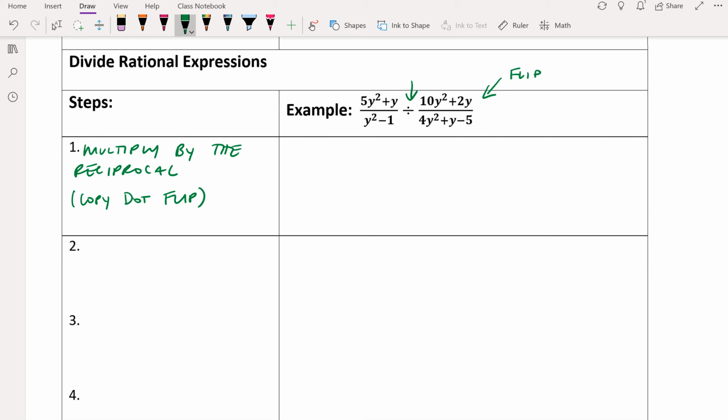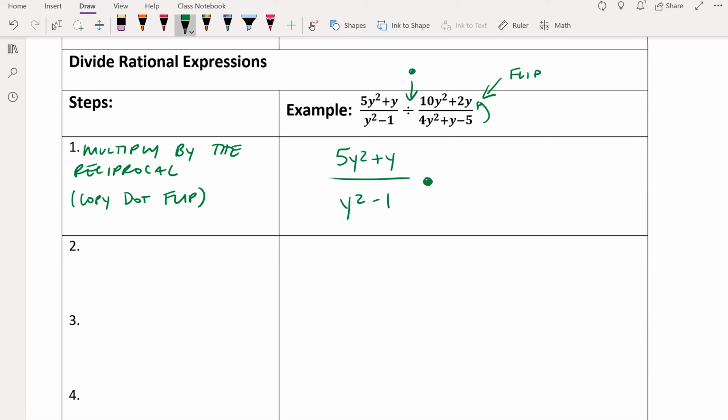So we think of copy dot flip. Sweet, so let's copy the first one. 5y squared plus y over y squared minus 1. I'm literally just copying.